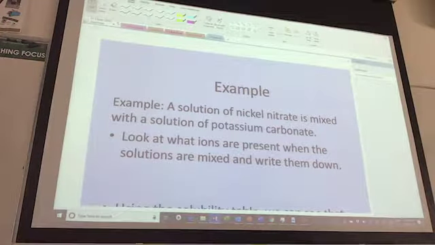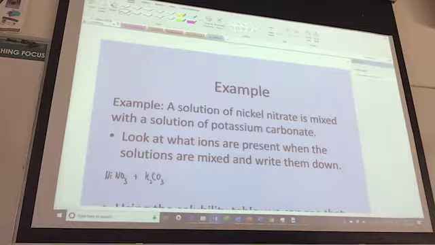So we can write the equation where we have nickel nitrate and potassium carbonate. We'll get nickel carbonate and we'll get potassium nitrate.